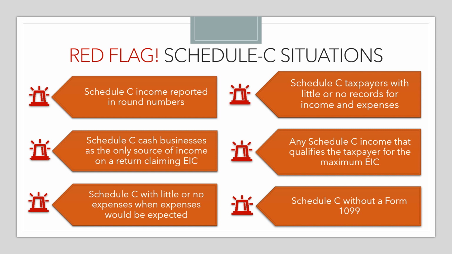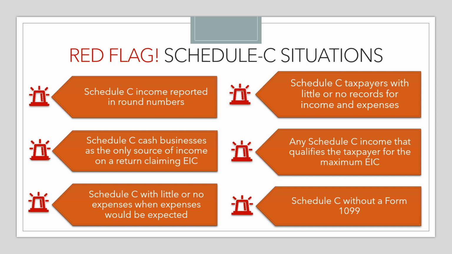And Schedule C is one of those places where there's a little more flexibility, because we're not necessarily just relying on records that are provided to the individual from an outside source, those informational returns. They might be relying on their own records, and so there's just a little more room for situations that are not honest to occur.